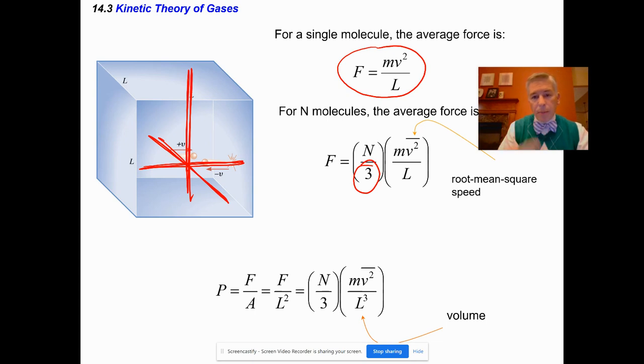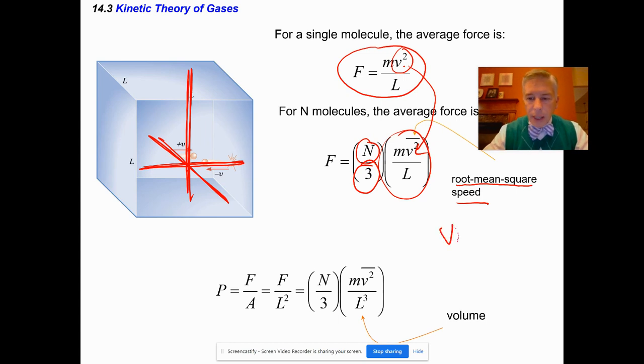Since we have 3 different dimensions, we have to think of those particles as moving in each one of those, and that's where the 1/3 comes from. And then this is where we switch from just a v of a single molecule into the root mean square speed. So you can write it like that, but we typically write v RMS. That's the way we're going to eventually write it. So this gives us the force.